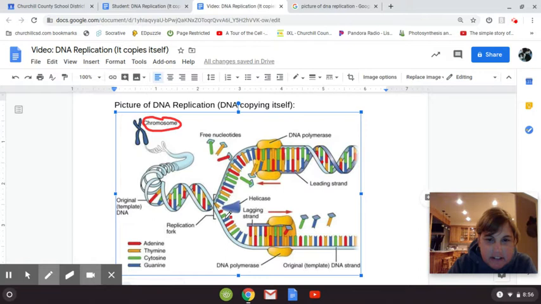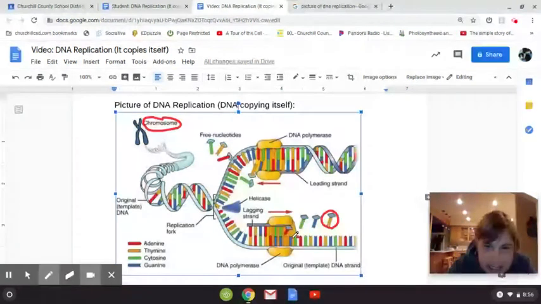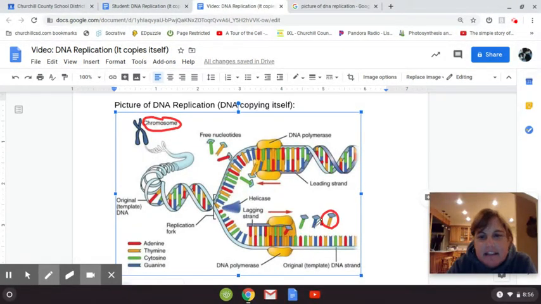And then down here, this other guy who used to be matched up over here, but they split. Now you're going to have new nucleotides right here coming in and lining up where they're supposed to be to make this new double helix strand. So you can see this was the original down here, and this is going to be up here, the new piece.